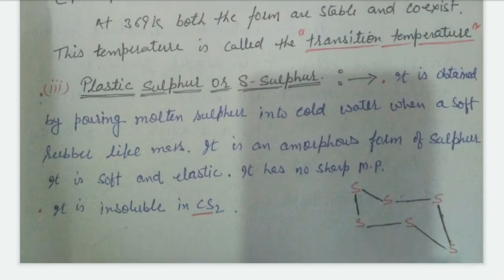Why is it called plastic? This is because it has a tendency to flow like a liquid. It is also known as supercooled plastic sulfur. It is obtained by pouring molten sulfur into cold water, giving a soft rubber-like mass. It is an amorphous form of sulfur.